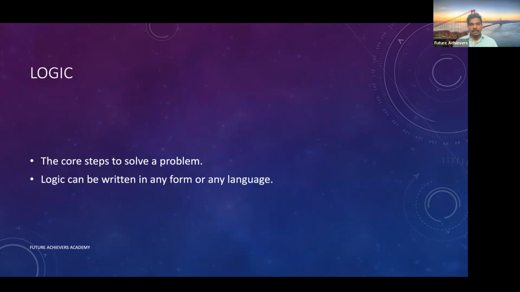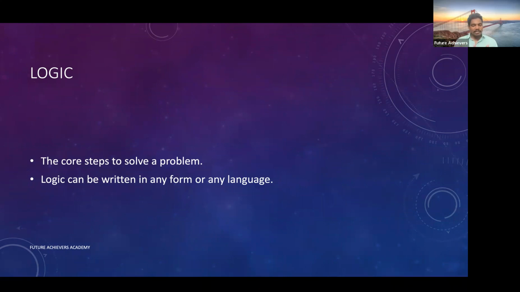So logic is the core steps to solve a problem. Most of the programs are mathematics related. And don't worry, if you are not good with mathematics, learn the basics of mathematics. That will help you to get your logic correct. And if your logic is correct, then you can write programs in a snap. So focus on building your mathematics and focus on building your logic.